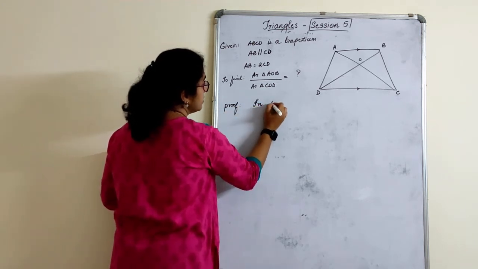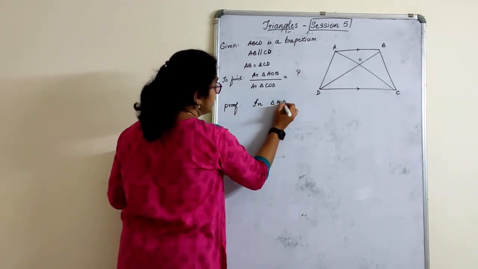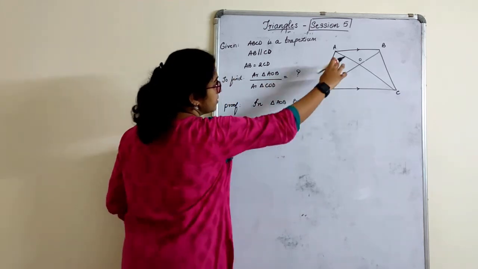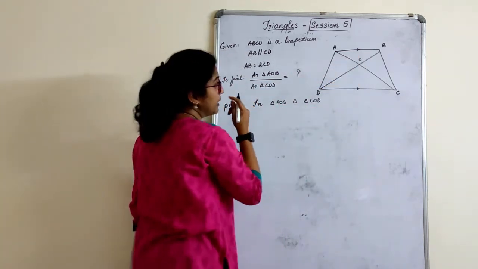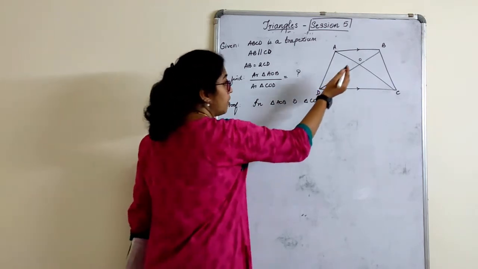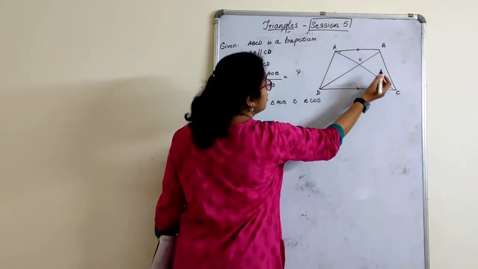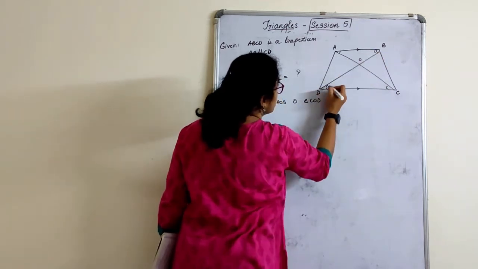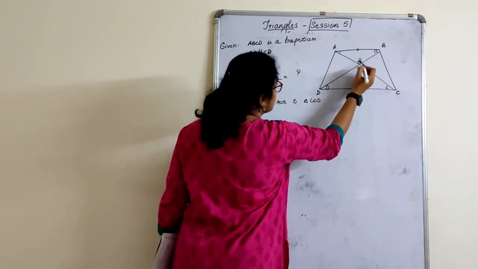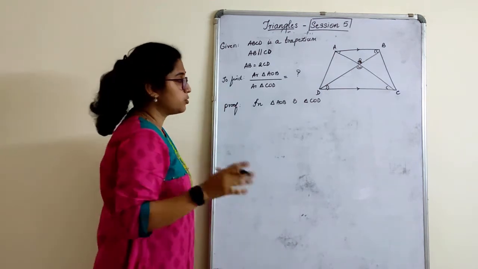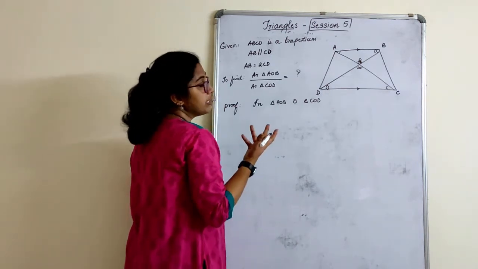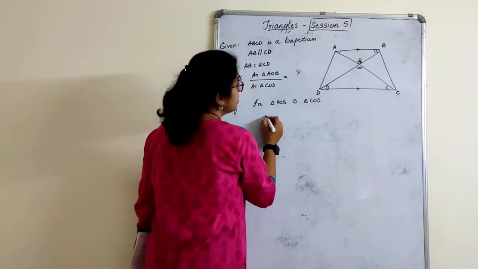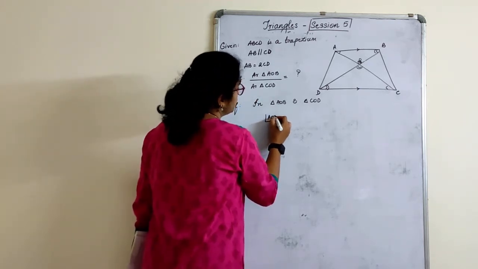Choose the triangles: in triangle AOB and triangle COD, these two triangles. I can do this by AAA criteria or AA criteria. See here, alternate angles, vertically opposite angles. Any two or any three angles you can choose. We'll choose one alternate and one opposite, it's up to you, children. Let me choose vertically opposite.